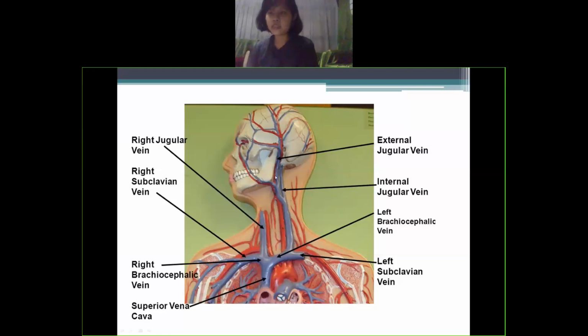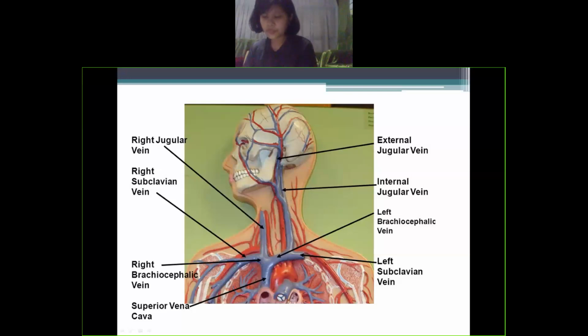So they are nearby. The internal jugular vein will go downwards behind the sternocleidomastoid muscle, at the back side of the muscle. They will be situated here. Understand this one?